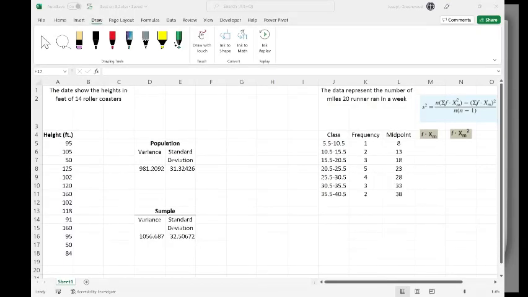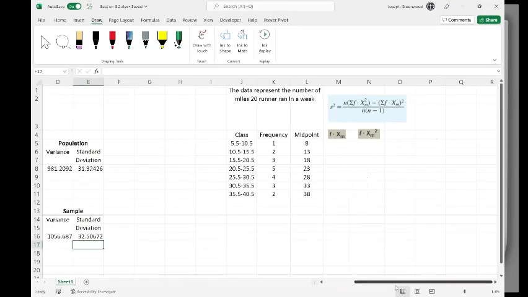Okay, over here, here's the problem that we have. It says that the data represents the number of miles 20 different runners ran in a week. But here's the thing: I don't have the data values from each runner.